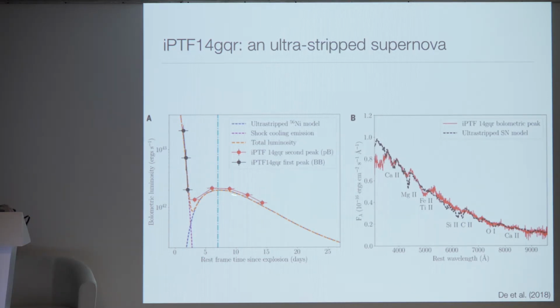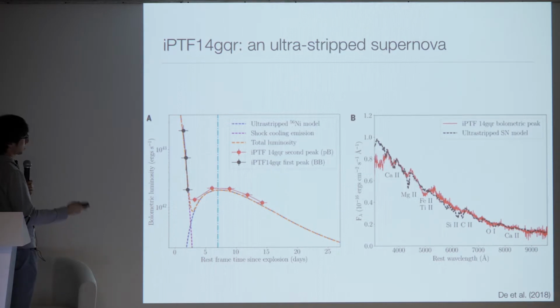And actually this line is a theoretical model from the ultra-stripped supernova, and that matches very well to this observation. This red line is the spectra, and the black is the theoretical model.